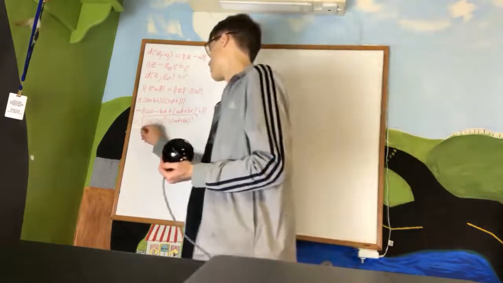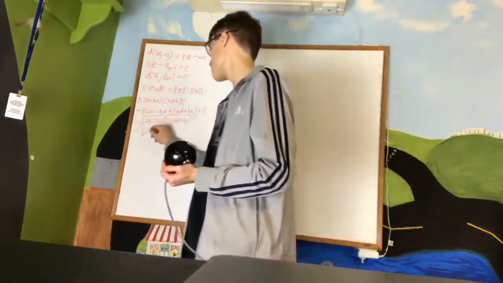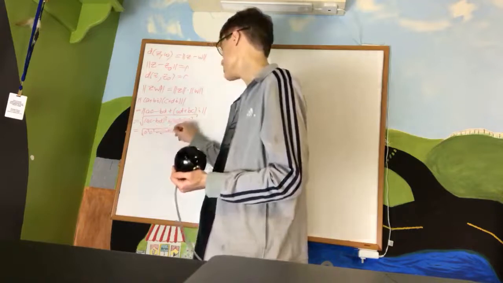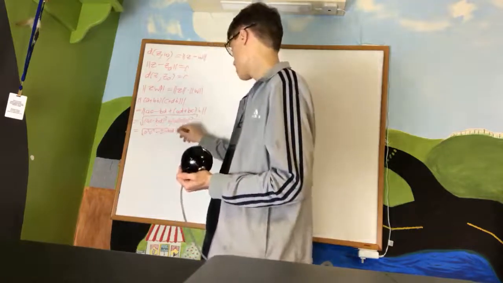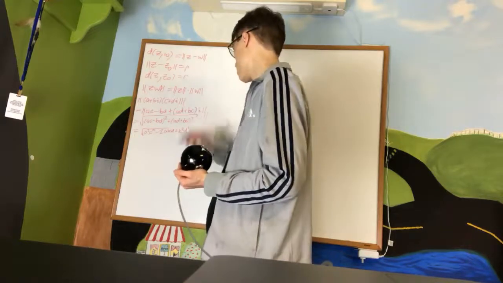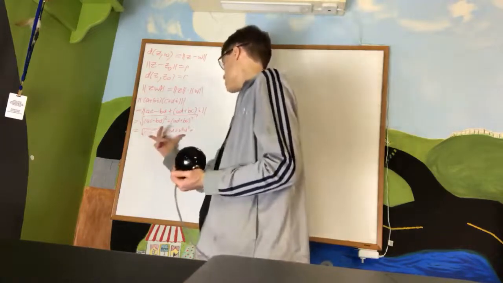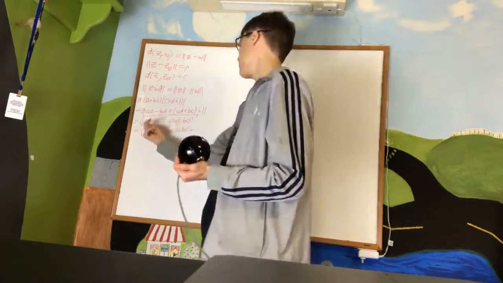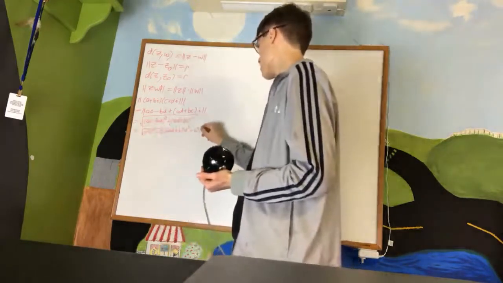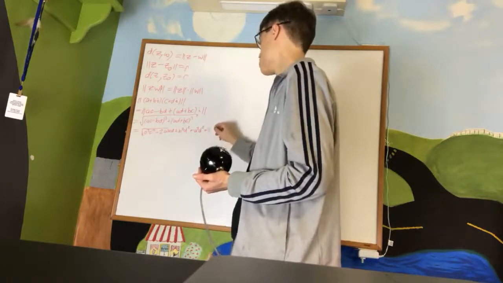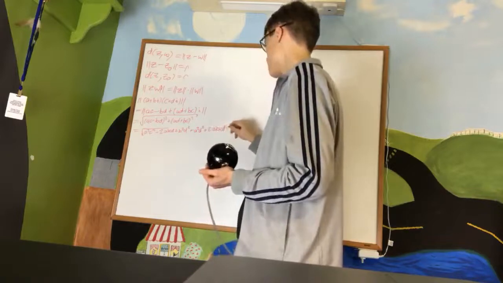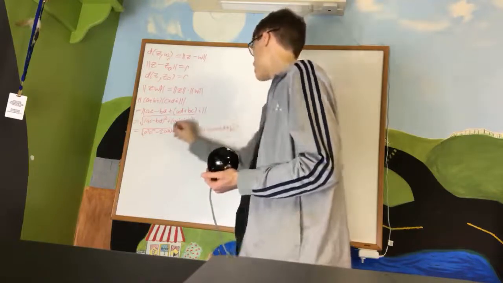Alright, if we do this out, I get A squared C squared minus 2ABCD plus B squared D squared. And then we add on to that. So this right here is just simple foiling of that. Then this right here is going to be A squared D squared plus 2ABCD and then plus B squared C squared.